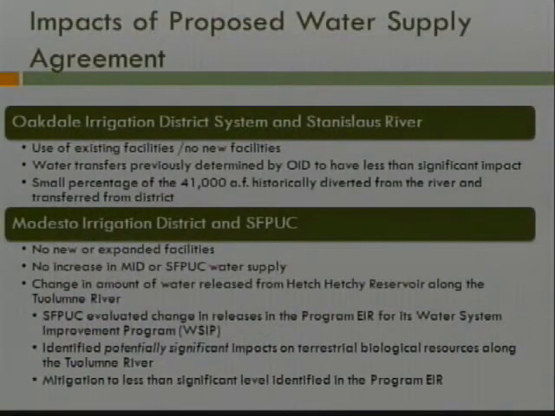One is Oakdale Irrigation District, as it takes water out of the Stanislaus River, so that's where all this system starts. They have been taking water out of the Stanislaus River historically, over a period of years about 41,000 acre feet, so nearly 20 times the amount of water that we're talking about. And the 2,400 acre feet is far smaller than what is essentially the baseline.